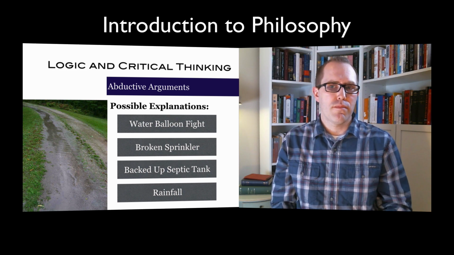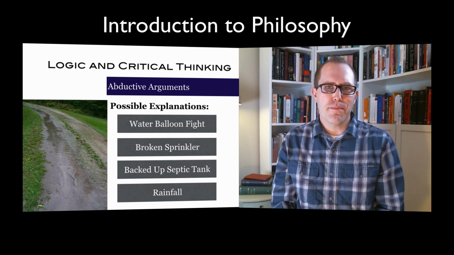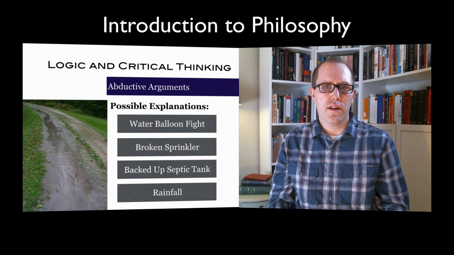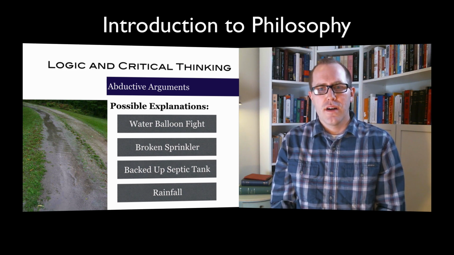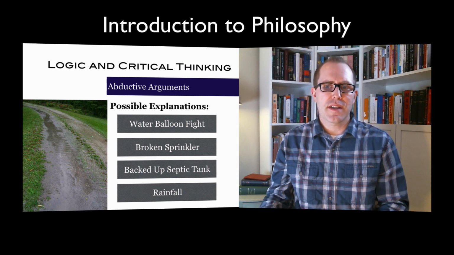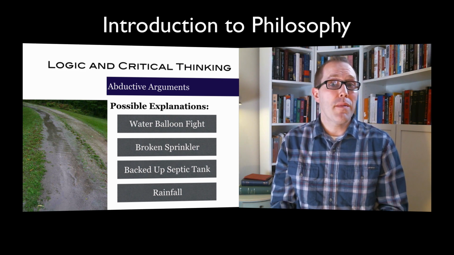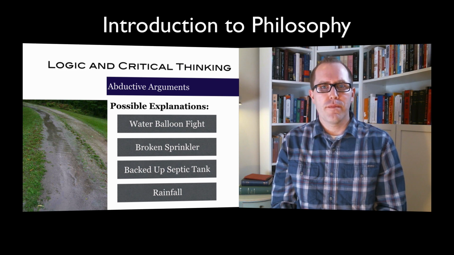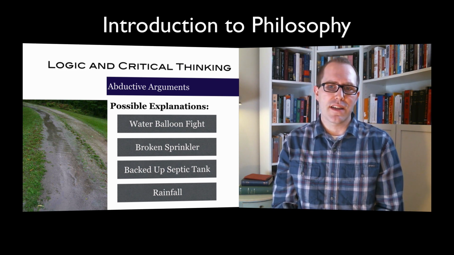That would be one possible explanation. The next might be a broken sprinkler somewhere. Or maybe I have a backed up septic tank. Or maybe there was rainfall last night, and that explains why my driveway is wet.